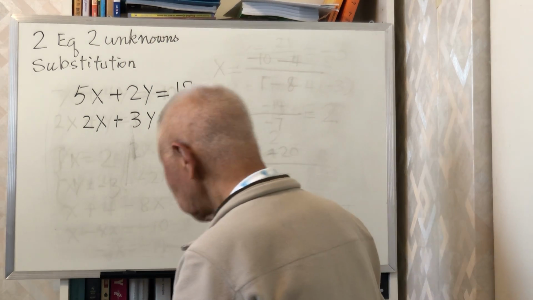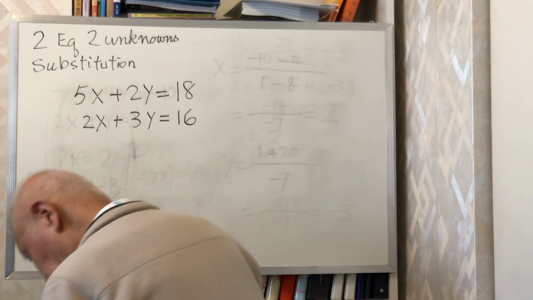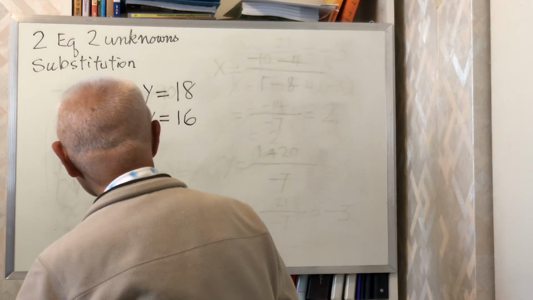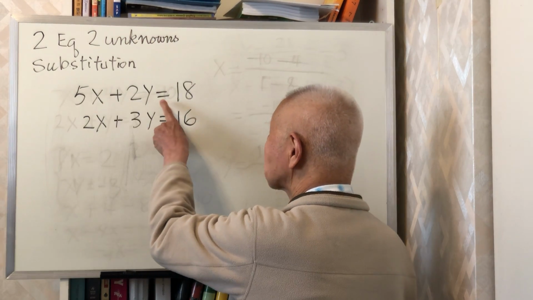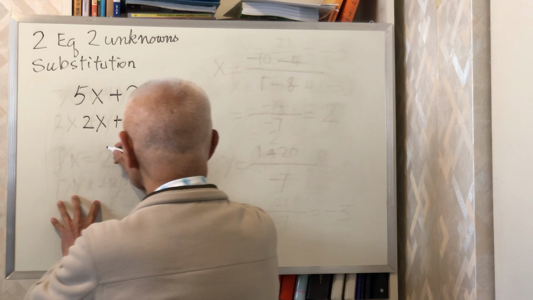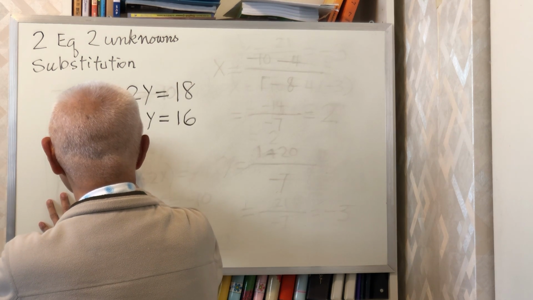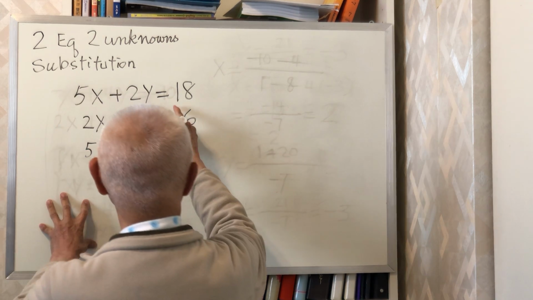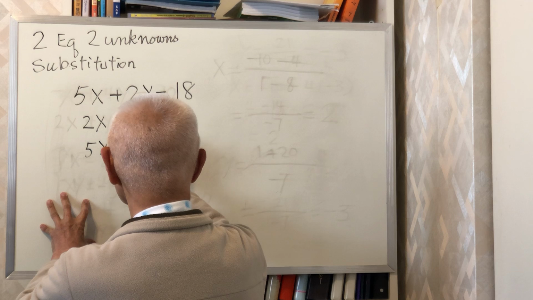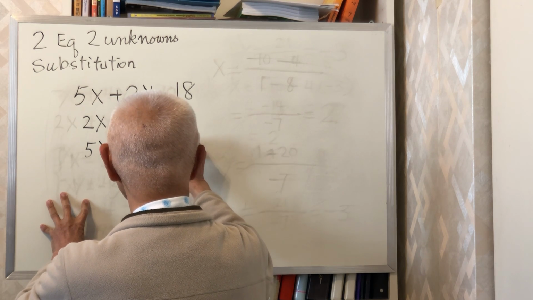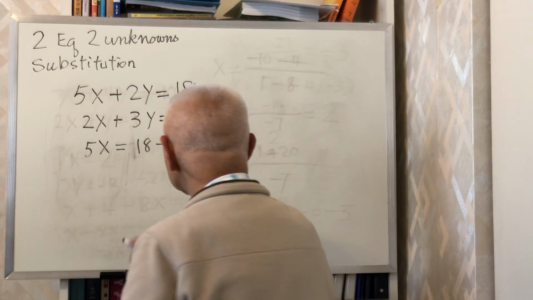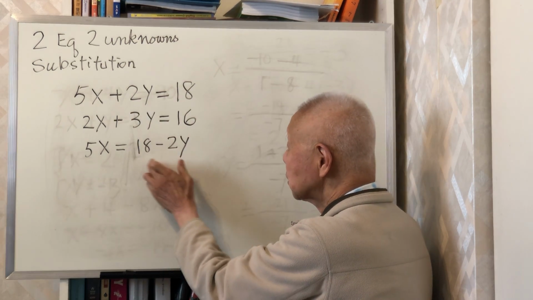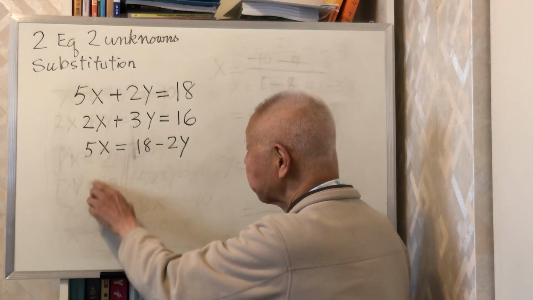Okay, let's see. Let's say I find x in terms of y. 5x is 18 minus 2y. Move the 2y to the right-hand side, divide by 5.